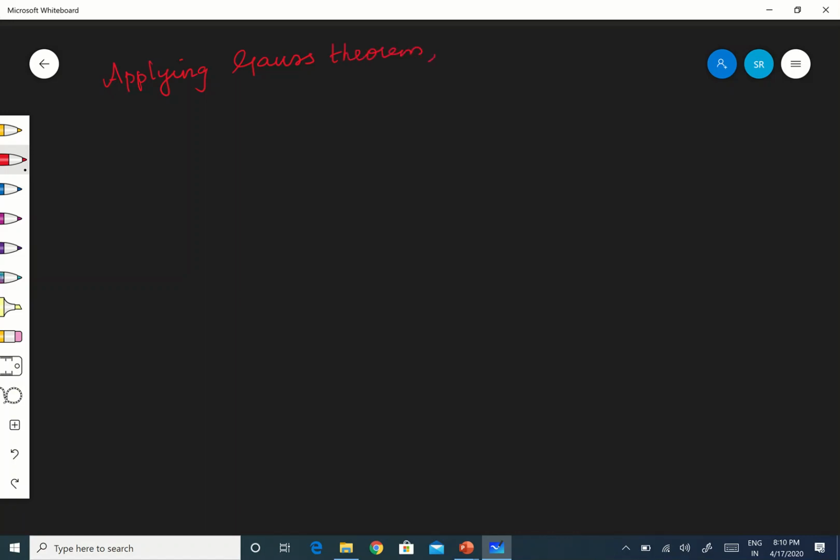Applying Gauss theorem, what is that? Flux phi E, that is equal to 2E ds, and that is equal to the total Q by epsilon naught. Q by epsilon naught. This you know now. But what is Q here?